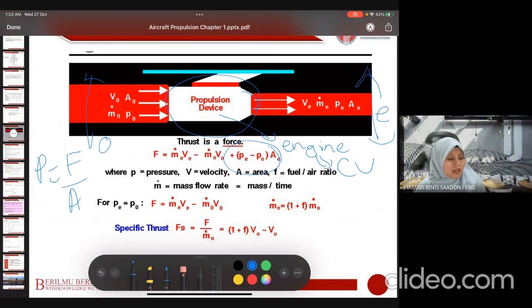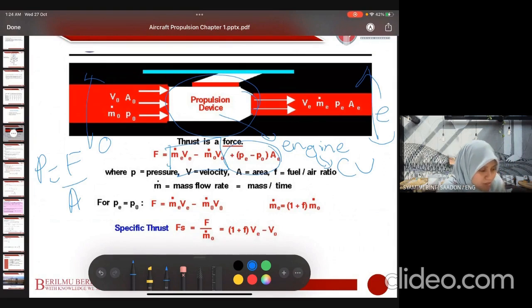And the mass, inlet, outlet. This one is the momentum, because we change it into force, so it is m dot v, the momentum.